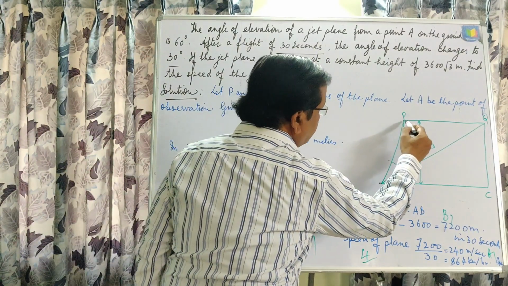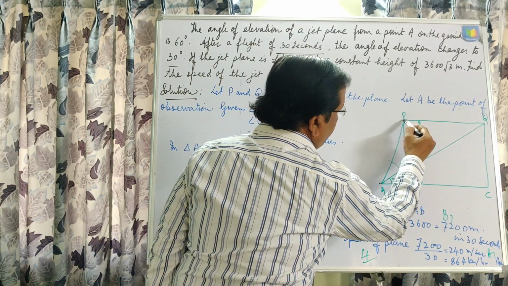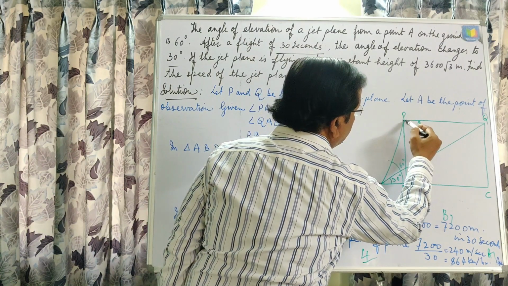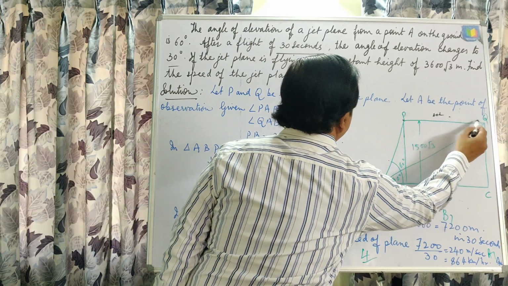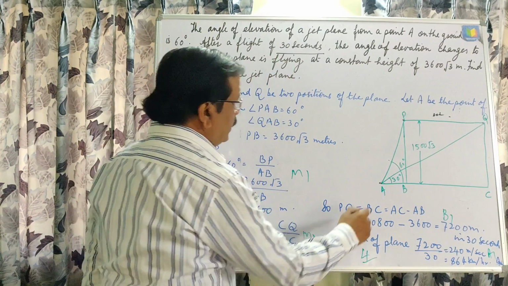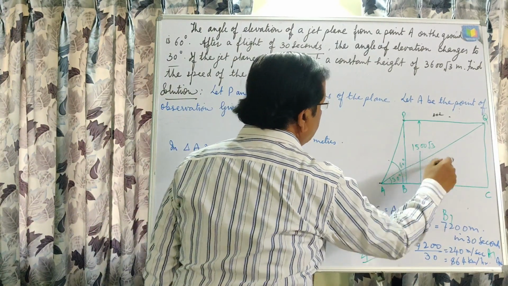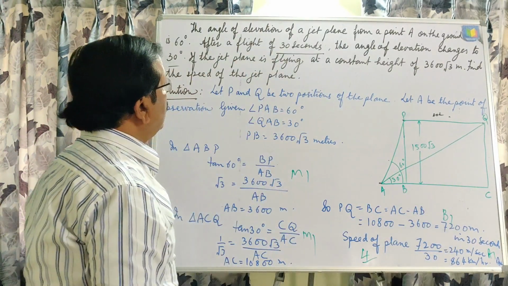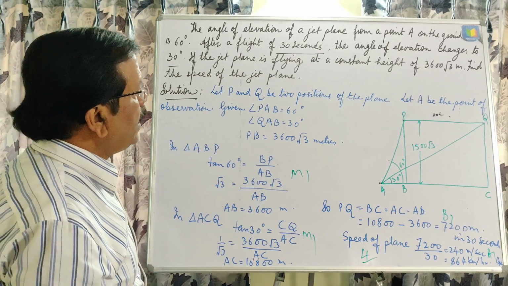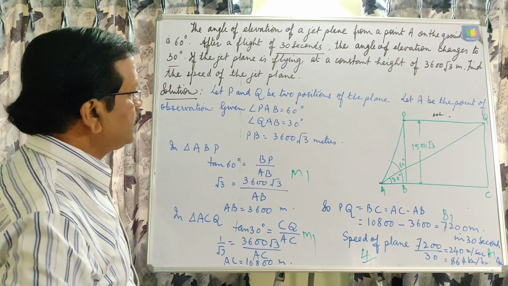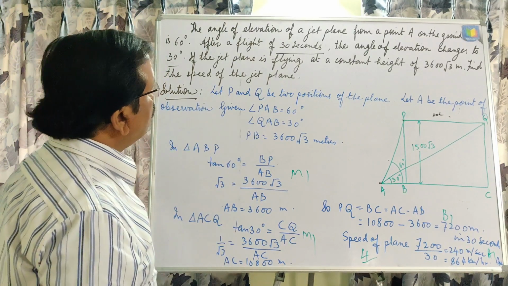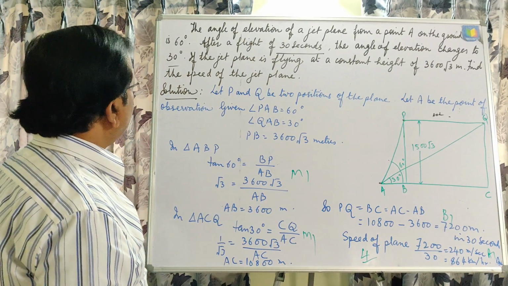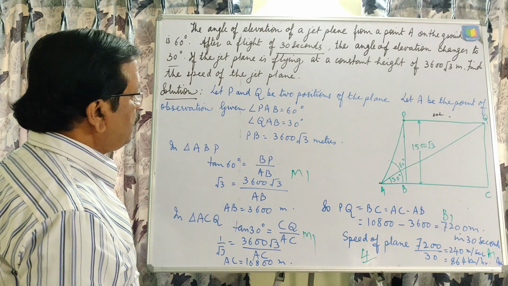Now from this, the plane is flying with a constant speed here, and within 30 seconds reaching here at point Q, and this angle of elevation is changing to 30 degree. If the jet plane is flying at a constant height of 3600 root 3 meter, this is the constant height, find the speed of the jet plane.